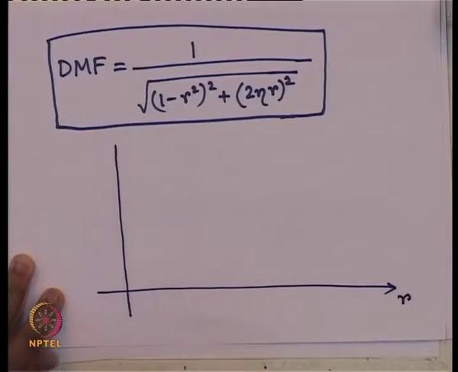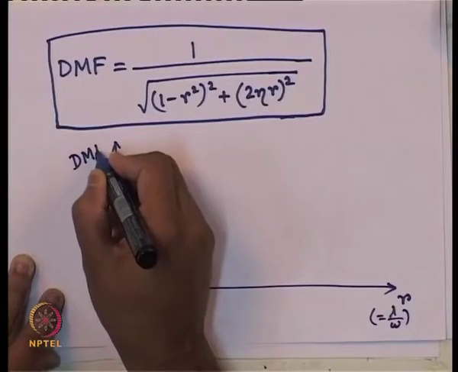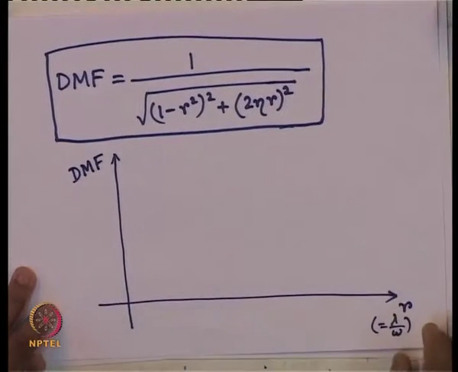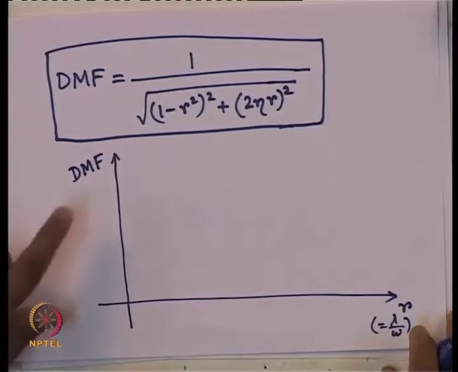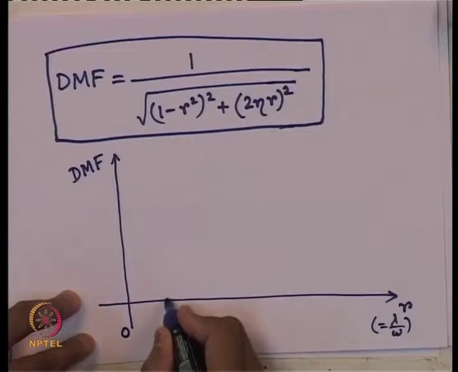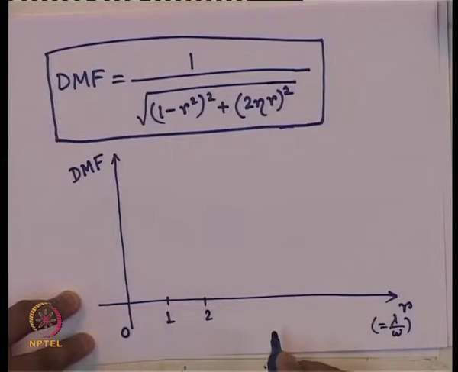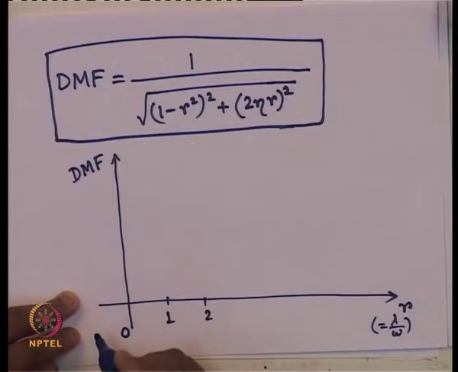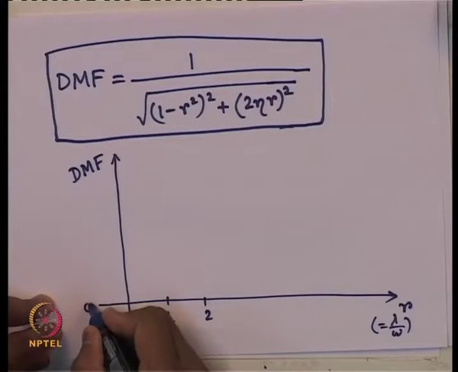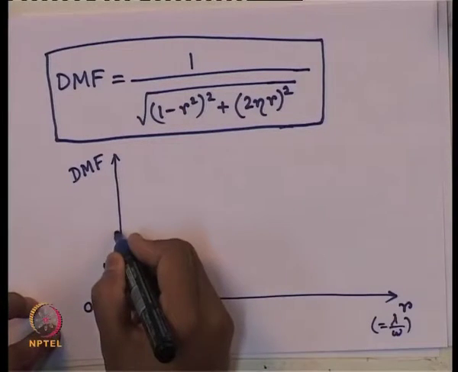So, x axis I am using r, which is nothing but our frequency ratio lambda by omega, and the y axis I am plotting dynamic magnification factor DMF. If we look at this expression very carefully, r can vary from 0, say 1, 2 and then keep on going here, r can increase here, and DMF, let us start it from 0, say 1, 2 and other values.